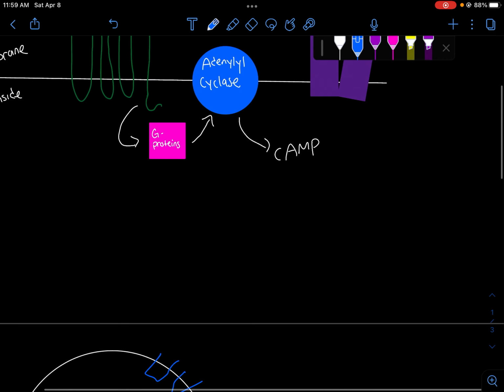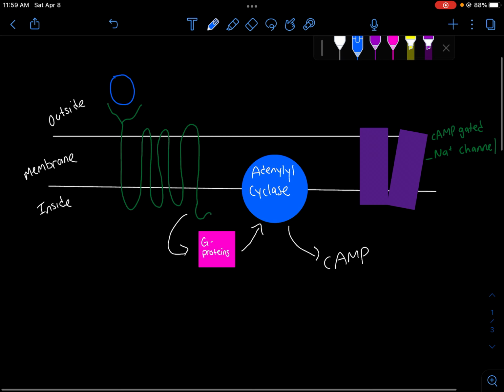So the goal that we were alluding to, but didn't dive too deep into during 3A, was the goal of this GPCR pathway. Ultimately, it opens up a sodium channel, right? Really quickly, just to review, when you have some sort of odorant binding to this receptor, it's going to activate a G protein, which activates another protein that's going to make cAMP.